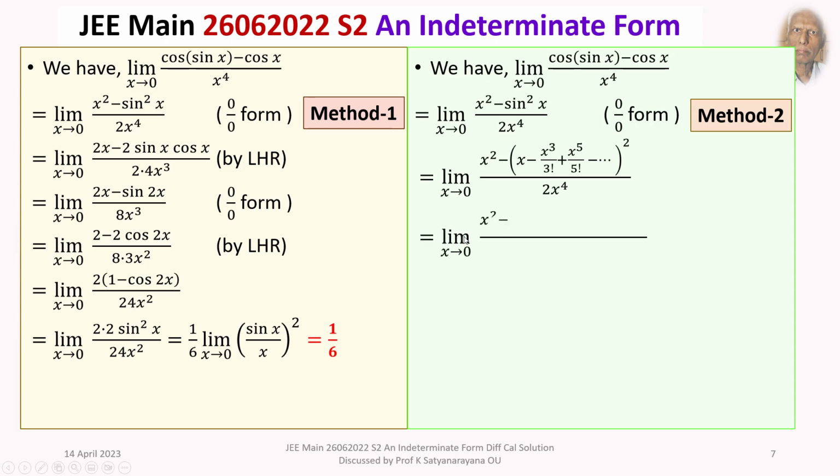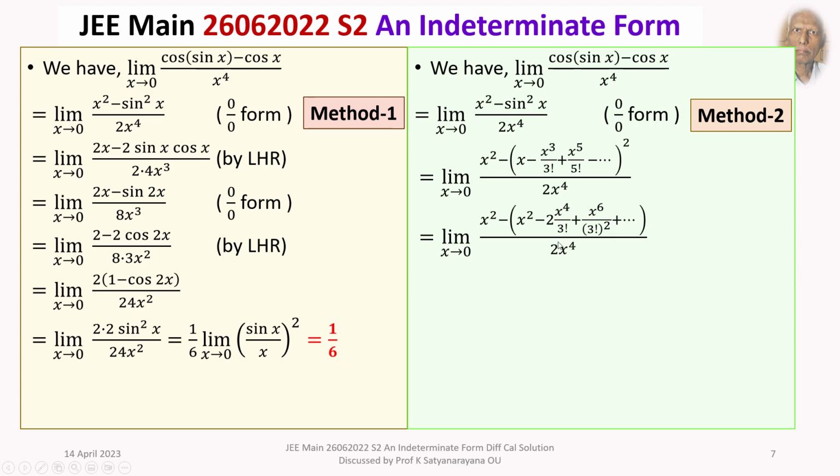That is equal to the limit as x tends to 0 of x square minus, in brackets, so think as if two terms are there, x minus x cube by 3 factorial whole square is x square minus 2 into x cube by 3 factorial, that is minus 2x to the power of 4 by 3 factorial, plus x to the power of 6 by 3 factorial whole square, plus the higher powers of x, higher than x power 4 and x power 6.